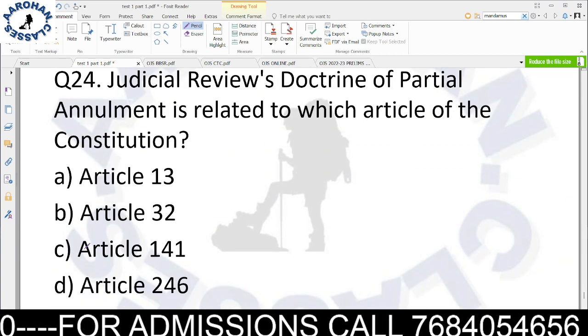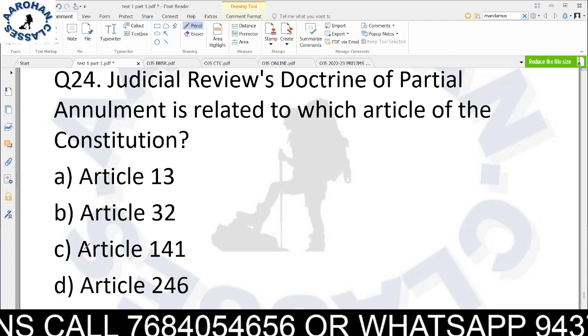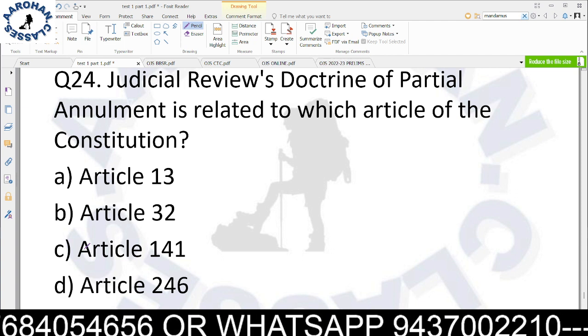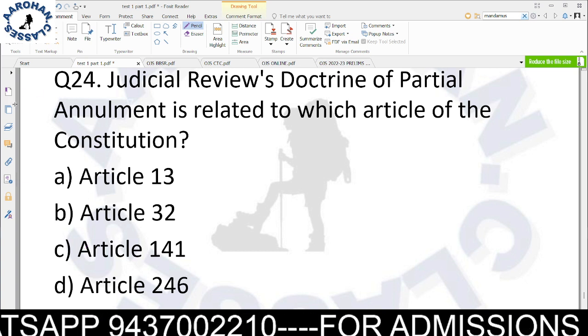Now coming to question 24. Judicial Review's doctrine of partial annulment is related to which article of the Constitution? This is important, you can remember that. That is Article 13.